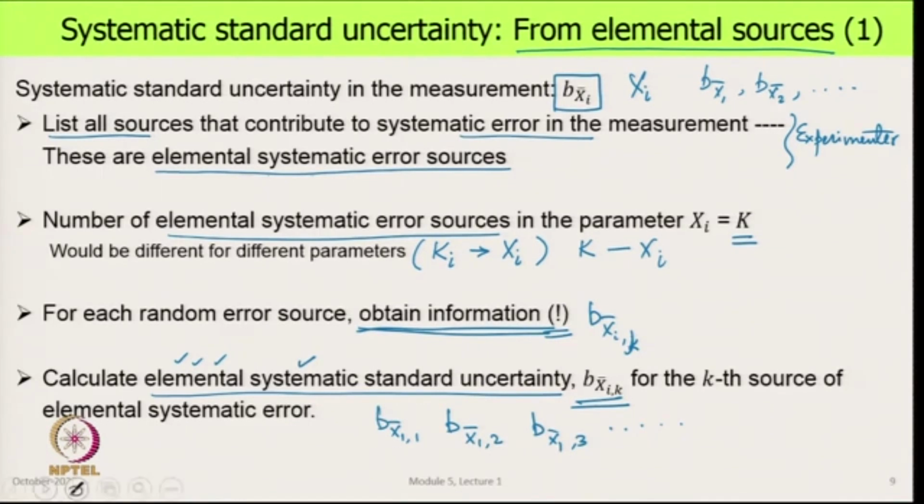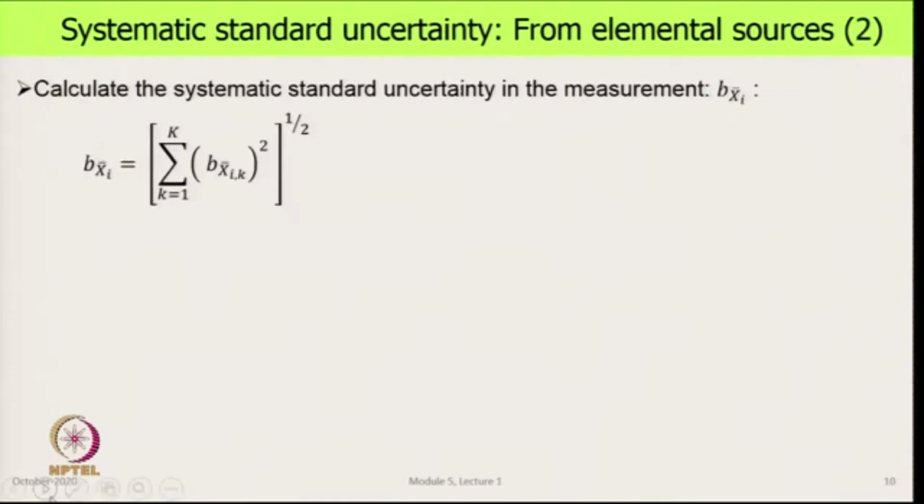Once we get all these numbers, we then have to combine them, and the formula for that is given here: the systematic standard uncertainty in the measurement xi, whose symbol is Bxi bar, is the square root of the sum of the squares of elemental systematic standard uncertainties from each one of the error sources.